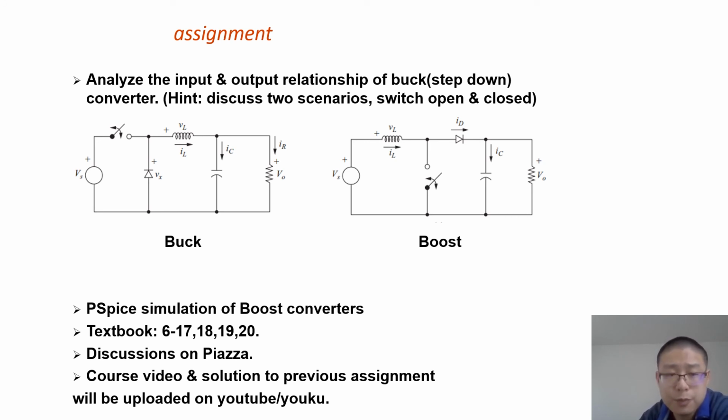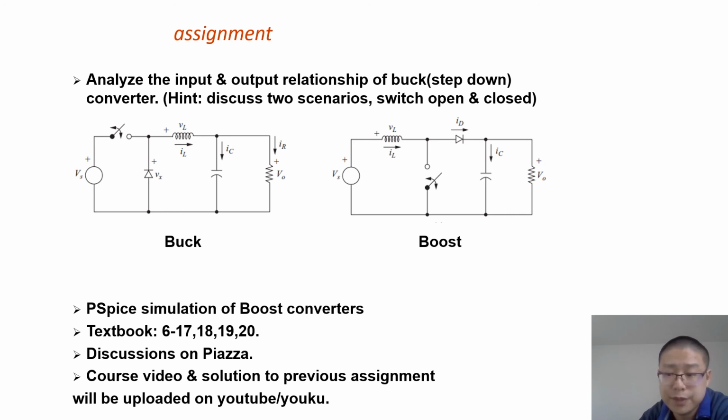So in our homework, you will be asked to analyze the input and output relationship of the buck converter, which is another DC-DC converter, and its output voltage is lower than the input voltage, but the method is the same. So this is the first homework.